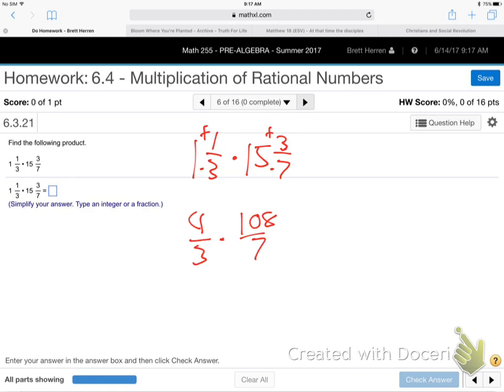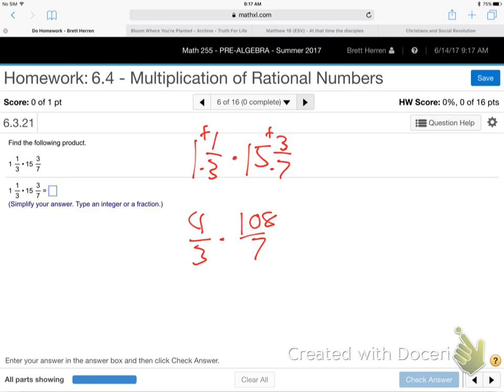Everybody getting to there okay? So I just multiplied the bottom and added. Is it 144/7? Final answer.